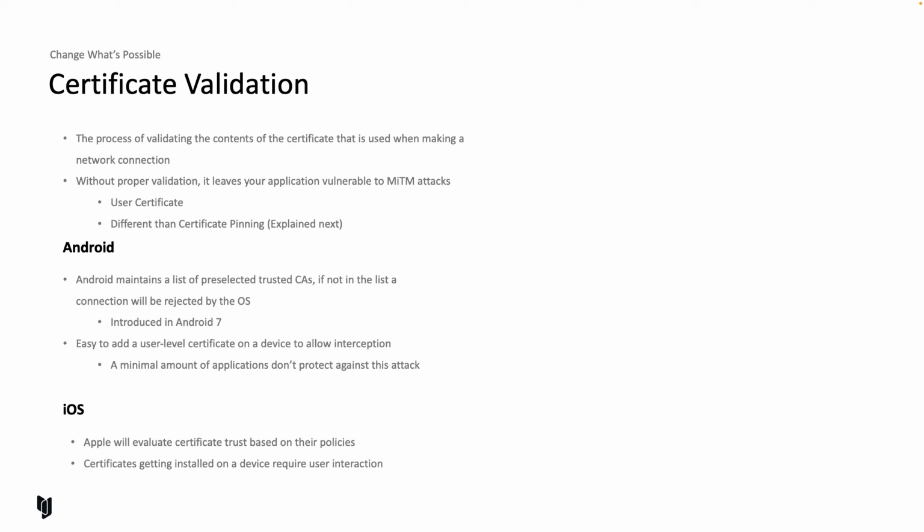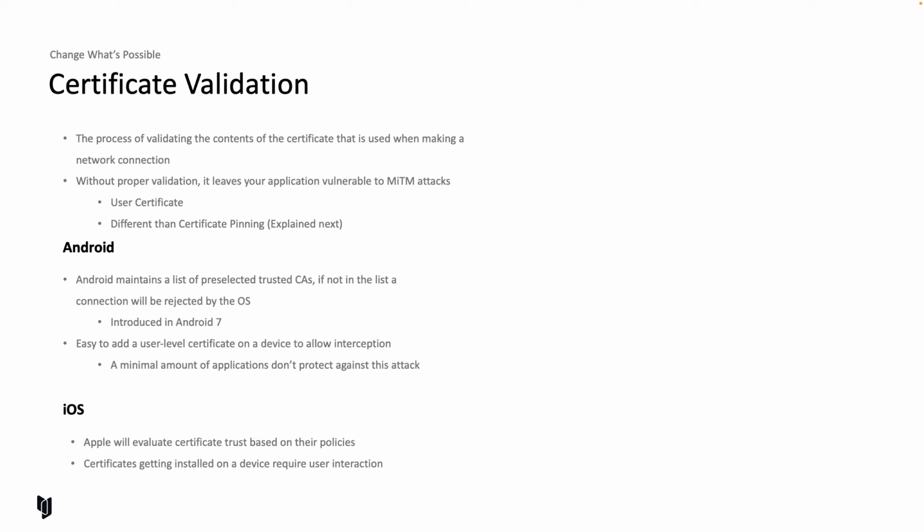So if you create your own cert and put it in the user store, not the trusted store, for Android, it will typically block you. But obviously, if you go to a trusted CA and get a certificate and use that one to intercept traffic, you will be allowed to do that.